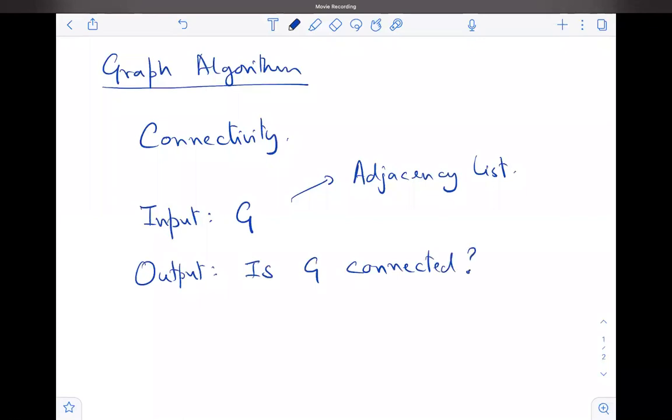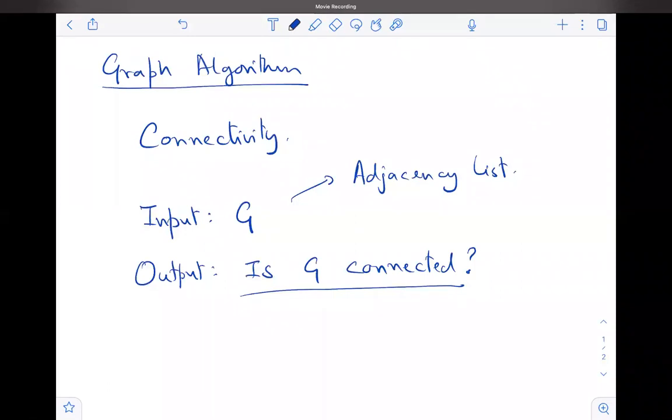Now this is not a particularly complicated question. You can say, what's the big deal about that? But let's think, how would you answer this question? Is G connected? That means I would have to go and check whether every possible vertex is connected with some other.